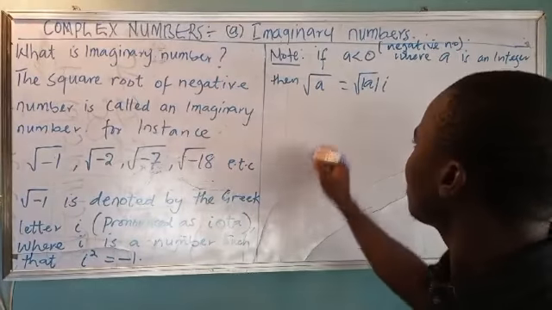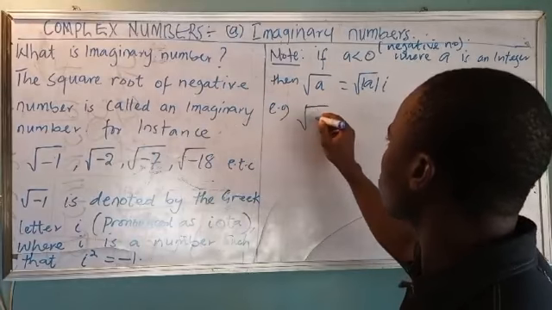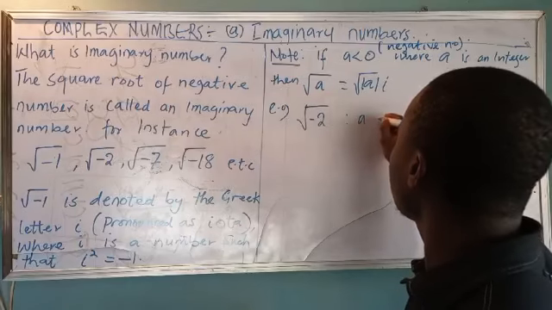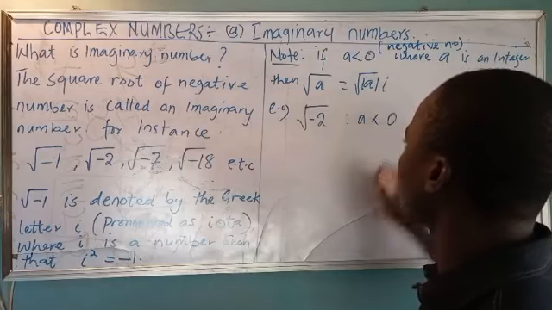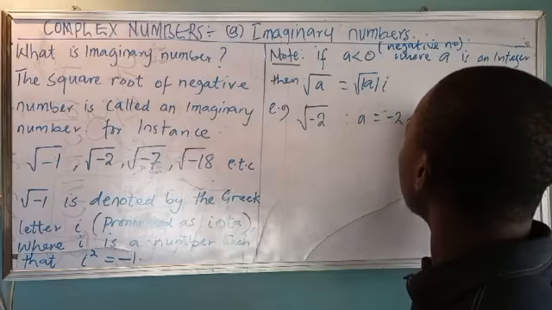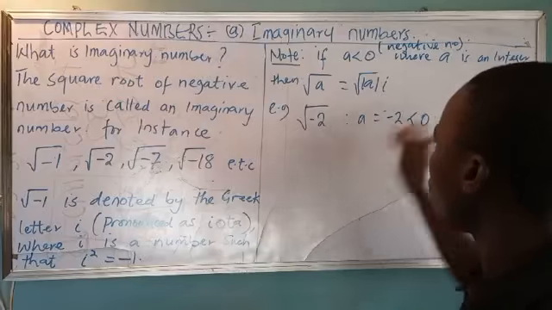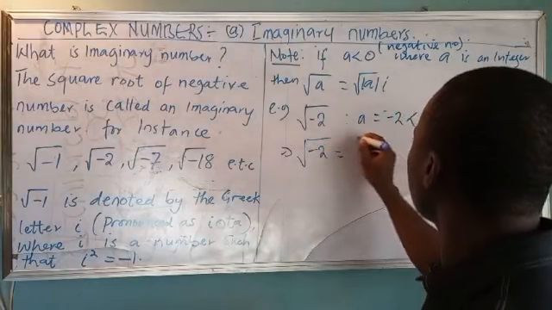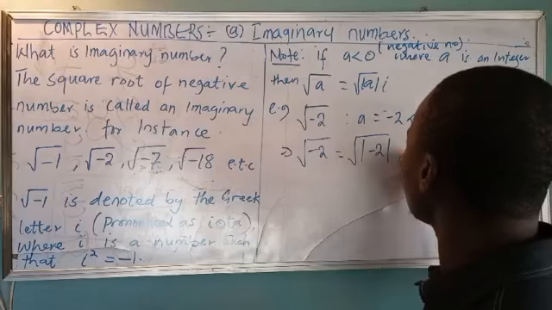Now from here, let's say for instance we have root of -2. You can see our a here is less than 0, that is negative. That is a equals -2, which is less than 0. Therefore, the result of root of -2 will be root of the absolute value of -2, times i.